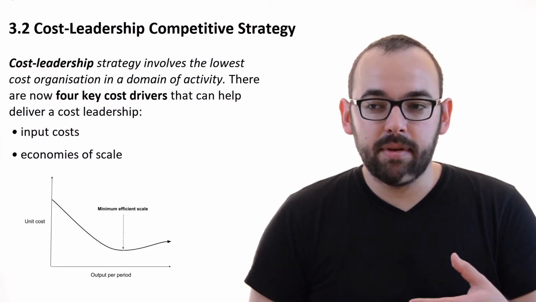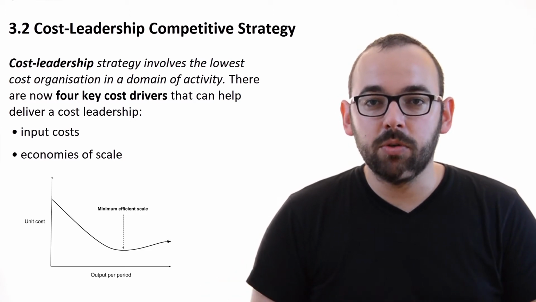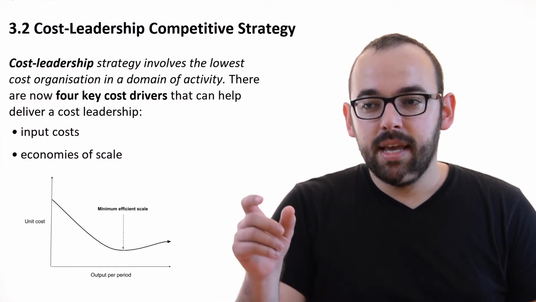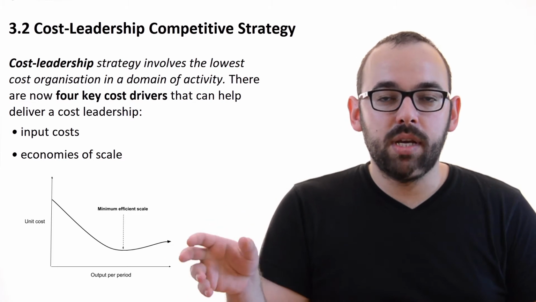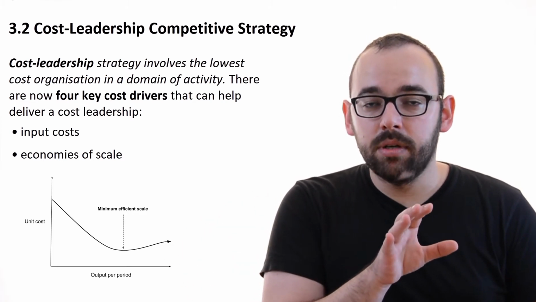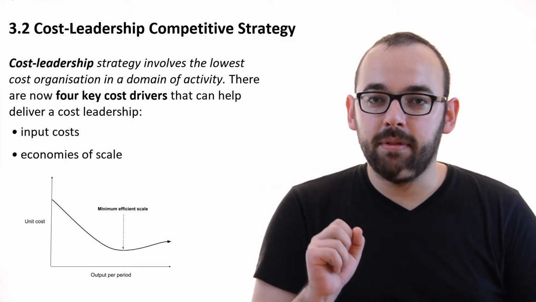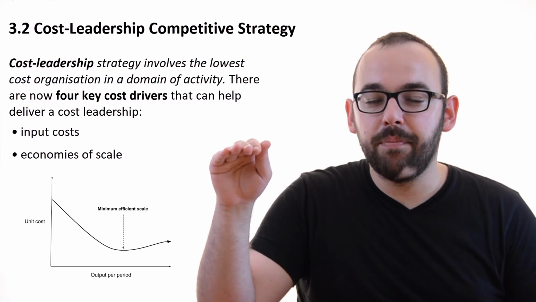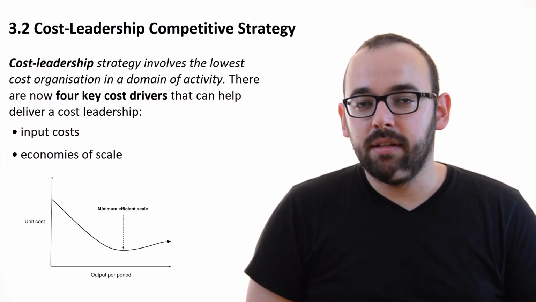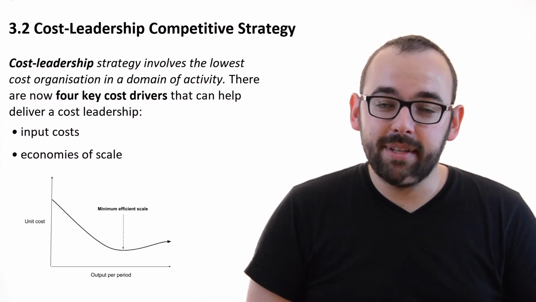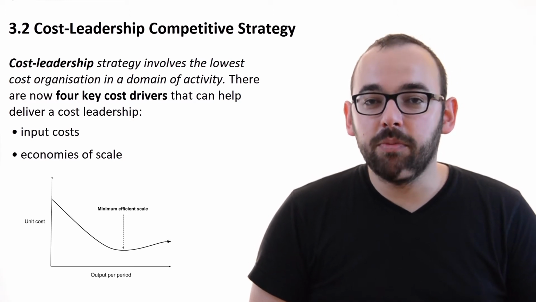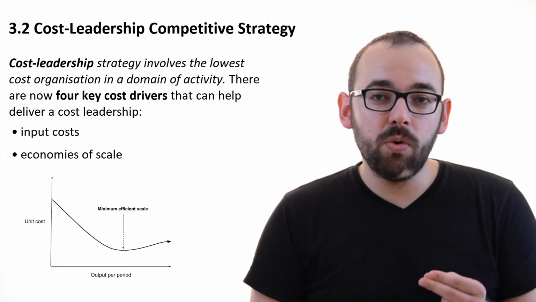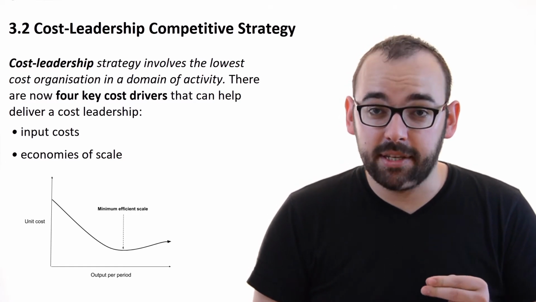When they work an extra hour of overtime because we have so many customers we just have to serve, the extra hour outside of their usual labor hours means we have to pay them triple for that hour. You see, our unit cost is going to go up again. So diseconomies of scale are also possible, but they are not so common. So this was economies of scale, the second main contributing factor if we want to achieve the cost leadership generic competitive strategy.